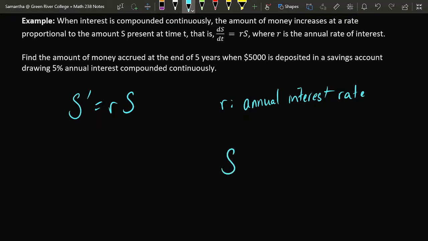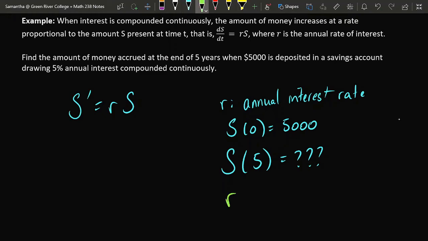So find the amount at the end of 5 years when $5,000 is initially deposited, so that's our initial amount, $5,000, in a savings account drawing 5% annual interest compounded continuously. So our rate is 5%, or converted to a decimal, 0.05.